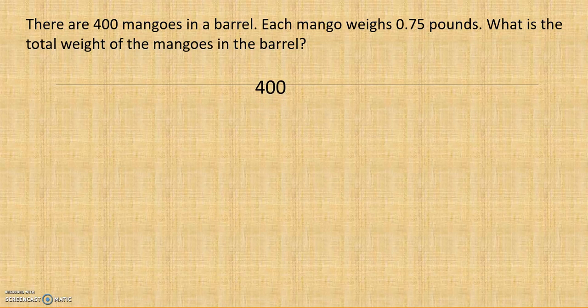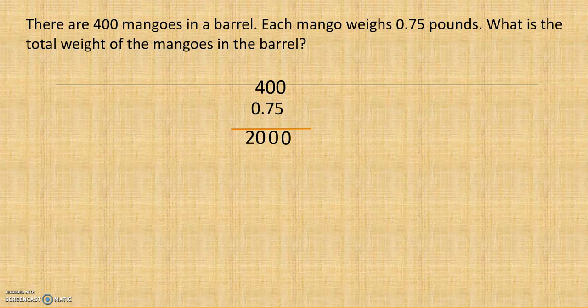So 400 multiplied by 0.75. As a rule, let's ignore our decimal point. Let us assume that we are multiplying whole numbers. So 5 times 0 is 0, 5 times 0 is still 0, and 5 times 4 is 20.